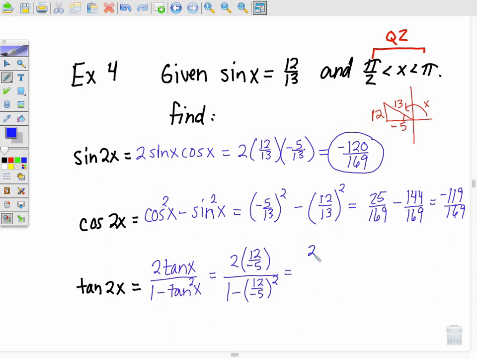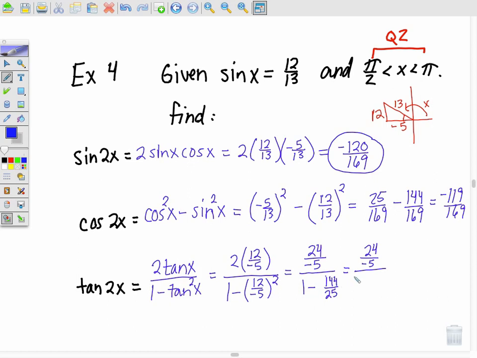I'm going to do one thing at a time, so I'm very careful with my operations. On top, I've got 24 over -5. On bottom, I'm going to have 1 minus, and if I square the 12 over -5, I get 144 over 25. Common denominator on bottom.